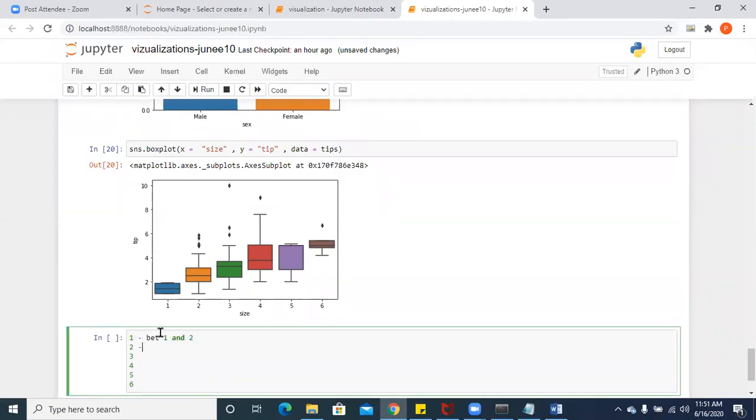The size of 2 people are giving the tip between 1 and 6.7 or so. For 3 people who came to the restaurant, the tip is between something like 1.5 to 6.5.